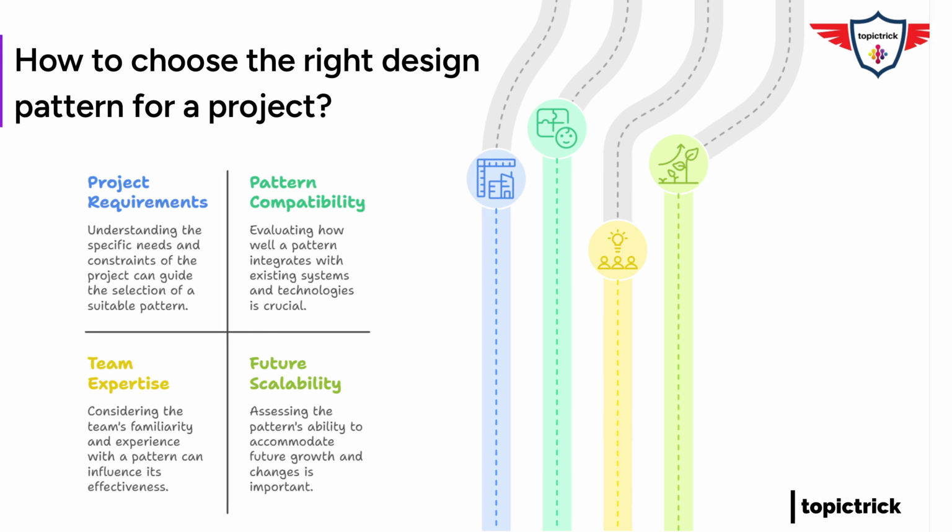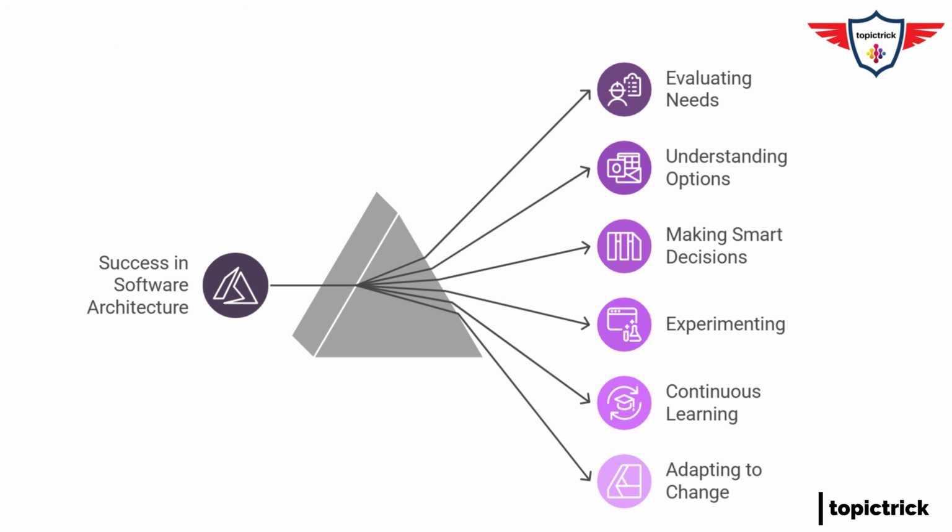And remember, there's no one right answer. It's about really evaluating your needs, understanding what your options are, and then making smart decisions. And don't be afraid to experiment. Software architecture is always changing. Oh, absolutely. You've got to keep learning, explore new patterns, and adapt to those changing requirements. That's how you succeed in this field.